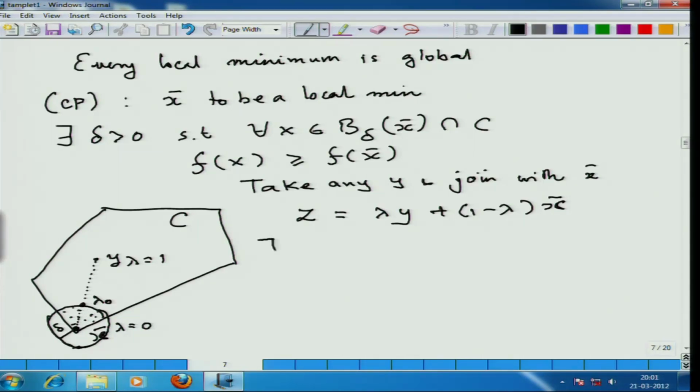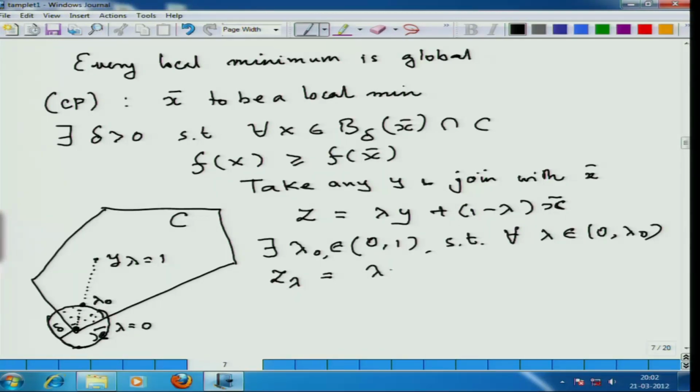So, what I can say is that there exists a lambda naught element of the interval 0 1 such that for all lambda between 0 and lambda naught, for them all z lambda, z defined by that lambda y plus 1 minus lambda x bar.